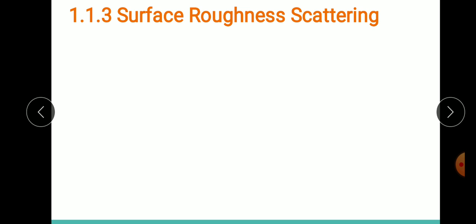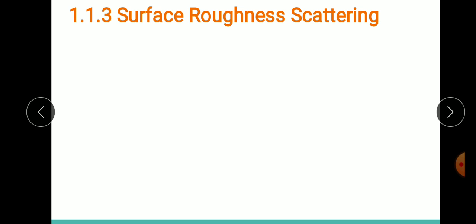Then we discussed the assumptions that we can consider to determine the impurity scattering for MOSFET. We considered two assumptions for that. So I hope the two scattering mechanisms, the electron phonon scattering and the impurity scattering, are pretty clear.